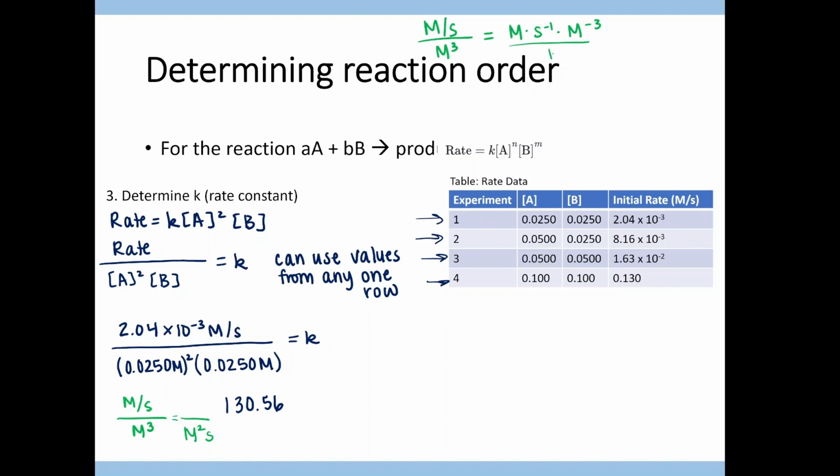So if you move anything in the denominator to the numerator, you raise it to a negative power. So now we can simplify. This is seconds to the negative first power times molarity to the negative second power over 1, or 1 over second times molarity squared. These are equivalent.